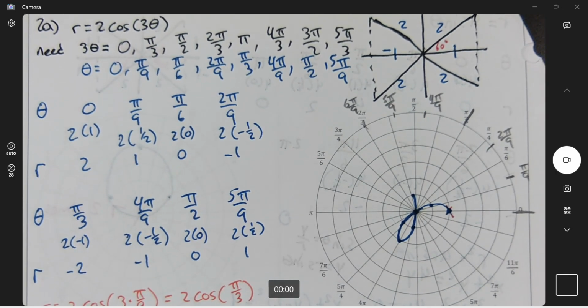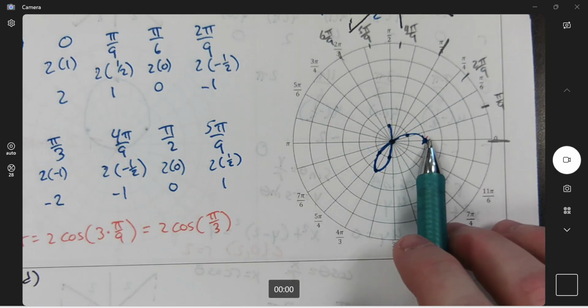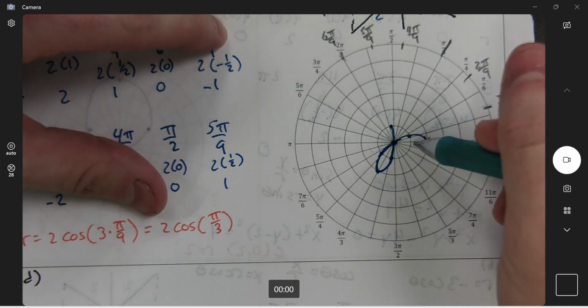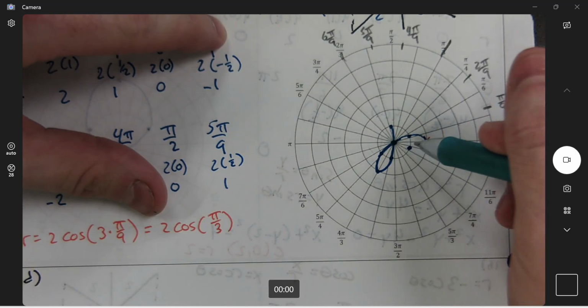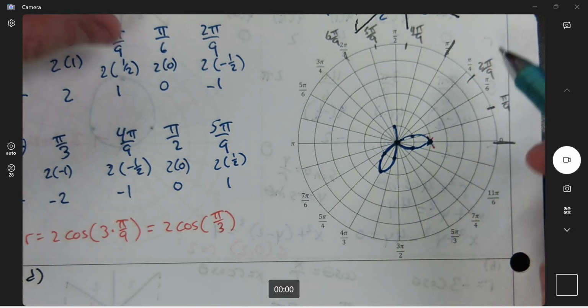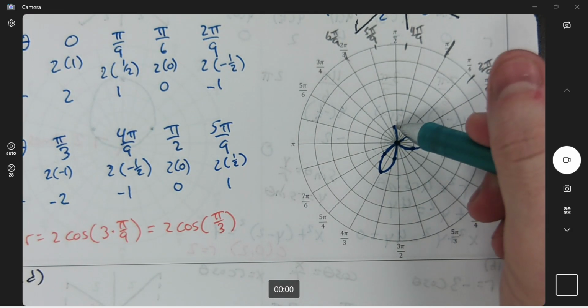It should be symmetric over the horizontal axis, which means this arch has a reflection to there-ish, and this point already reflected there.